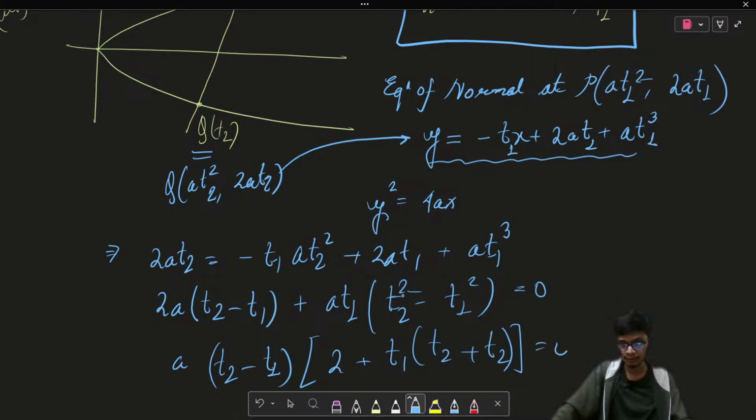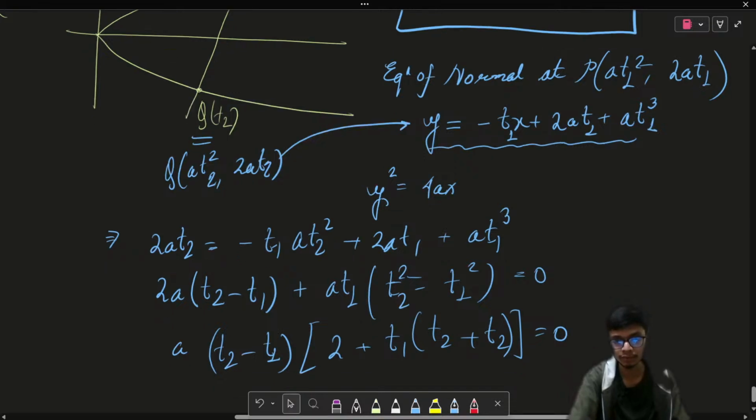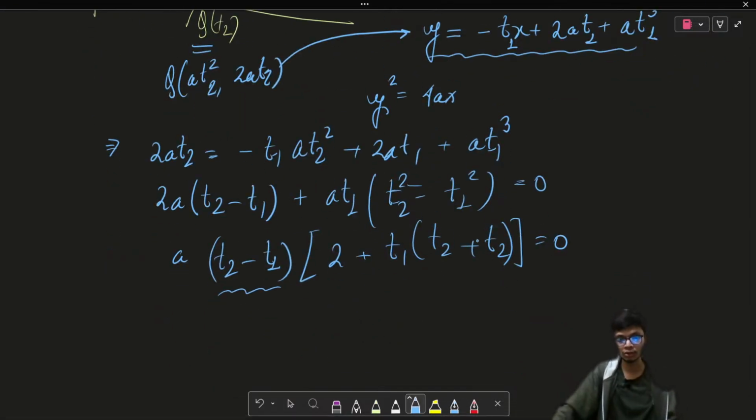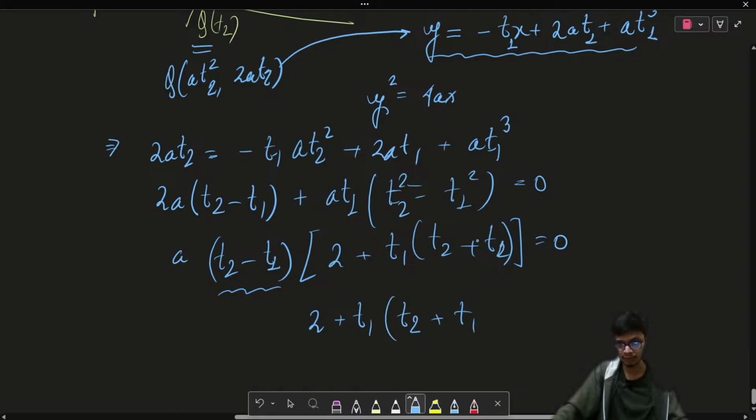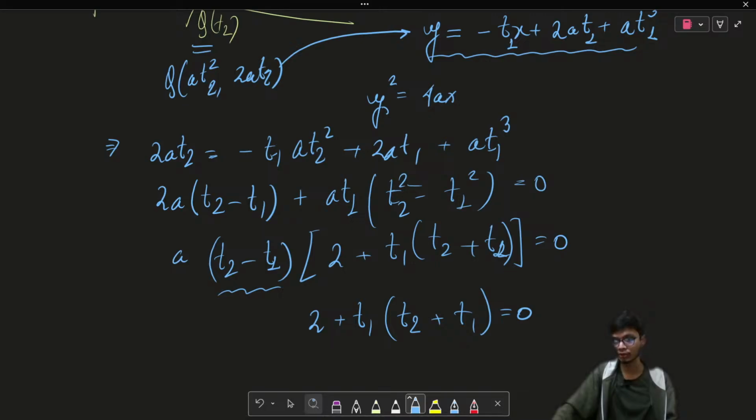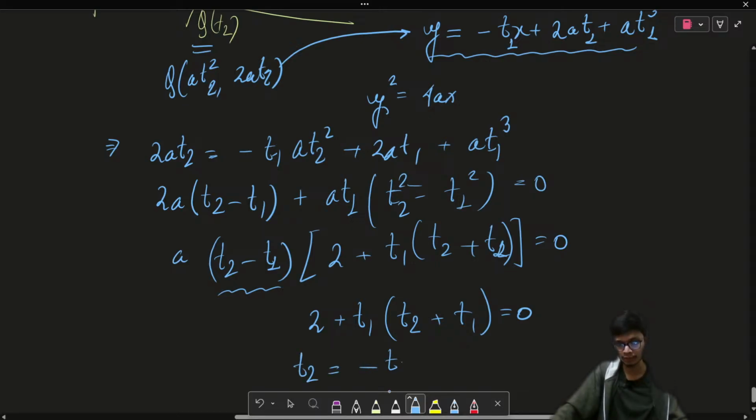Since t1 and t2 are different, t2 minus t1 cannot be equal to 0. So the only thing remaining is that 2 plus t1 times (t2 plus t1) should be equal to 0, and this is true when t2 = minus t1 minus 2 upon t1.